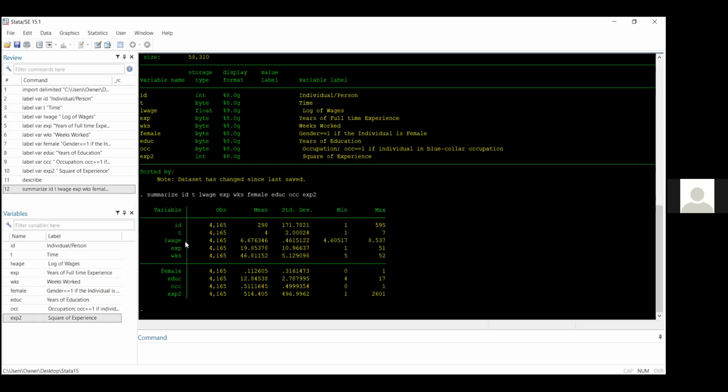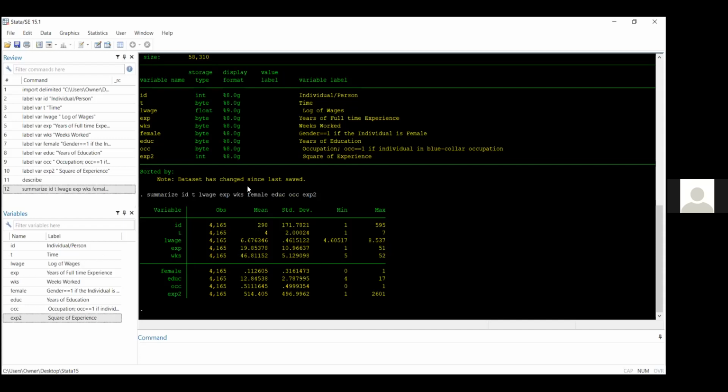So maybe the first variable is wage, which is in log. You want the mean, the standard deviation, you know what it is. The minimum is 4.6 and the maximum is 8.3. Experience is the number of years, and the standard deviation is this, meaning the person with the lowest experience in this sample had worked for 1 year, while the person with the highest experience had 51.